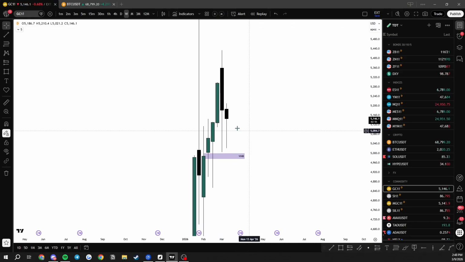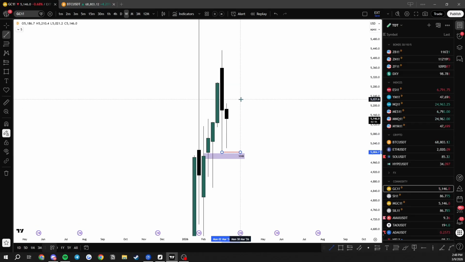What I would like to see on gold is a sweep of this as our potential candle 1. I would like to see us move lower into this volume imbalance, hit it, close back inside the range of this first candle, and then you can trade candle 2. When we hit this level, you're going to start looking for a reversal, inversion fair value gaps on the 4-hour or CISD, and then you can start trading higher.